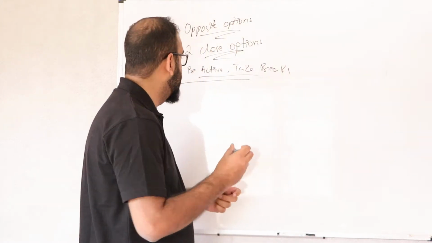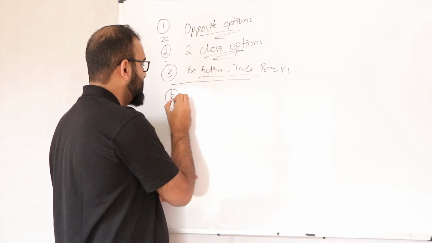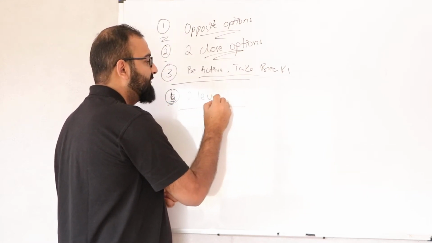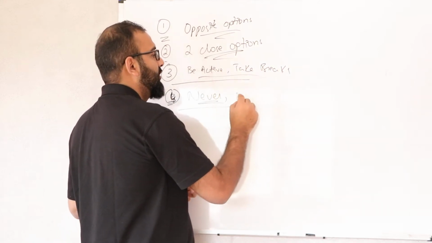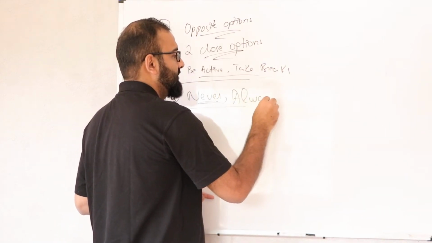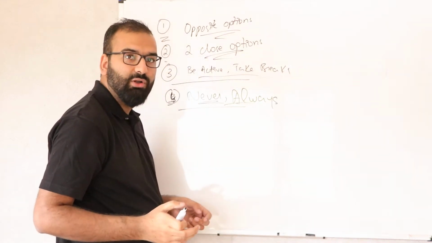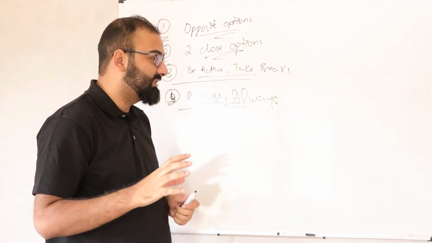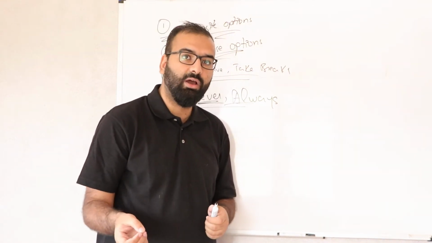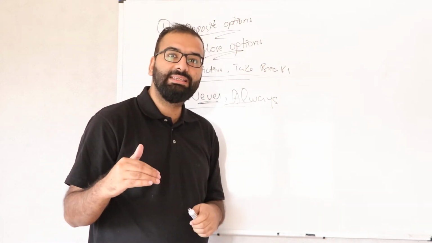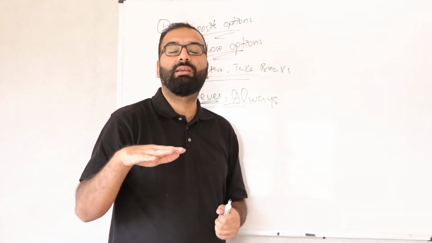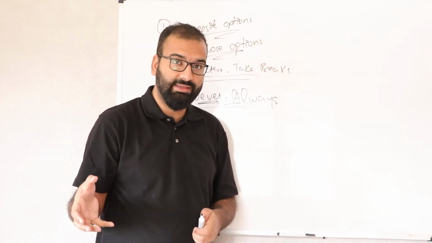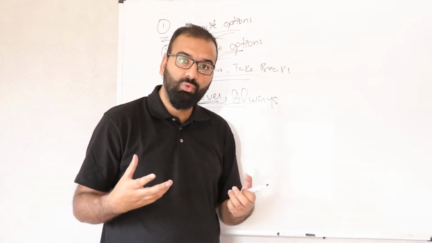For example, if you are faced with questions where there is an option of never, always, so even if you are able to recall a single counter example to that statement, you can easily rule that statement out. So for example, if the option E says that never this thing happens, but if you are even able to recall one single instance where that particular thing happens, you will be able to rule it out.